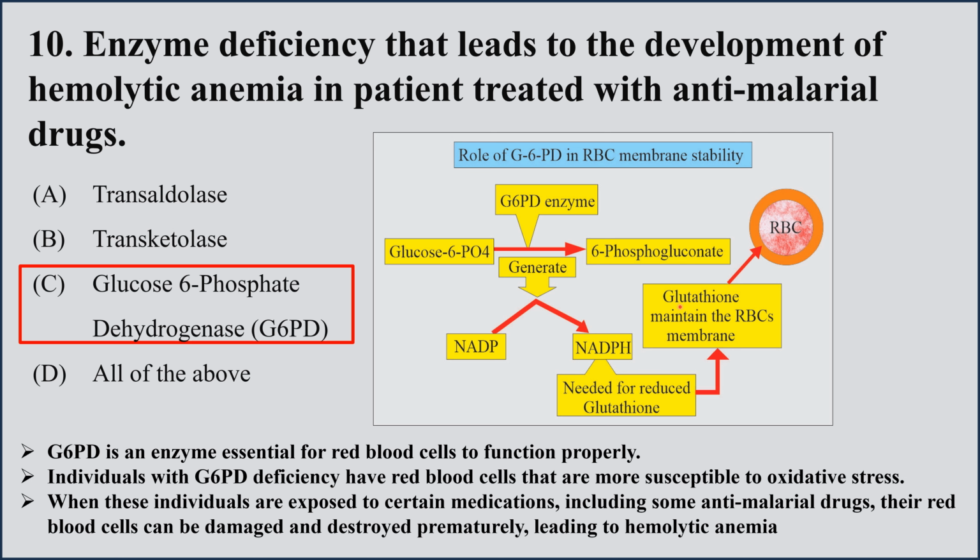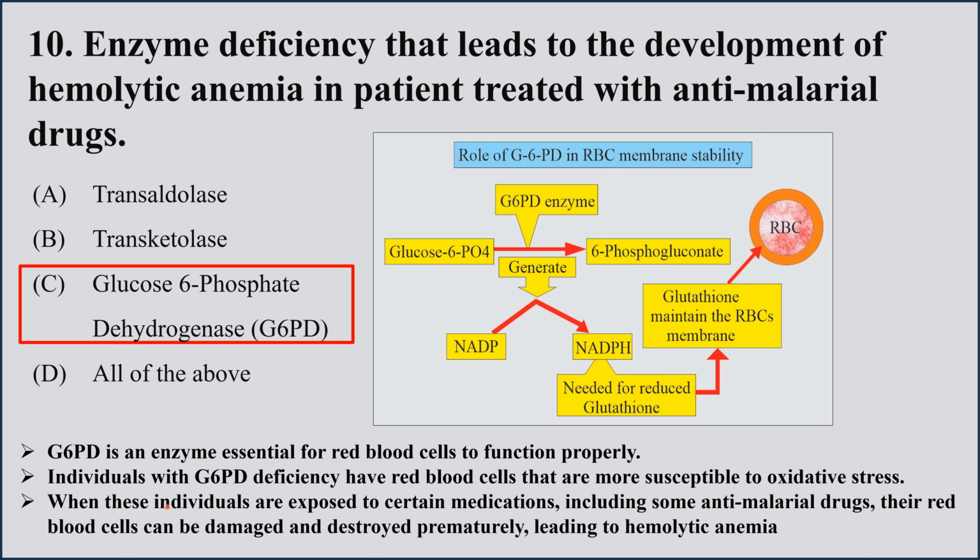So the G6PD enzyme is essential for red blood cells to function properly, as it maintains the RBC's membrane by reducing oxidative stress. Individuals with G6PD deficiency have red blood cells that are more susceptible to oxidative stress, so they will have increased oxidative stress.